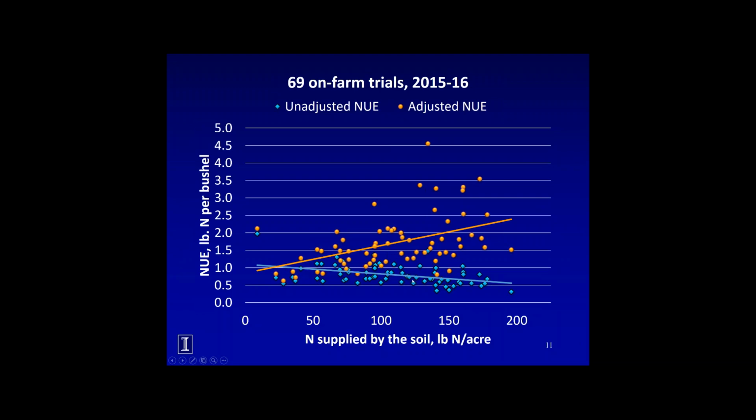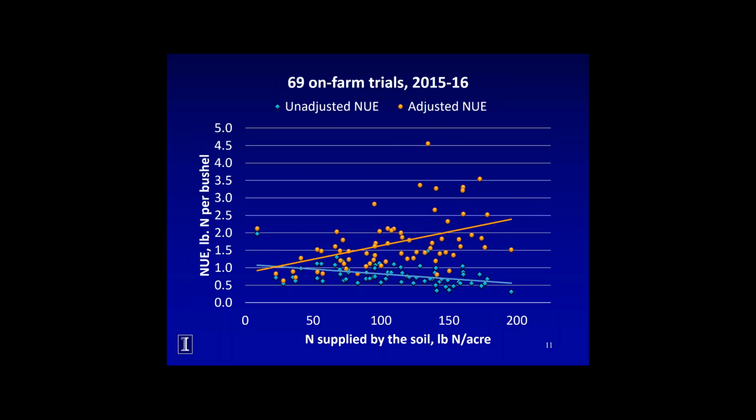And so you can get an idea here that the higher our yields without nitrogen, the better our nitrogen use efficiency looks as well. And that makes sense. It basically says we may not even have needed very much of that nitrogen that we put on as fertilizer. So when you look at the adjusted one based on those trials, then we have the line moving in the opposite direction. And you say, well, how does that make sense?